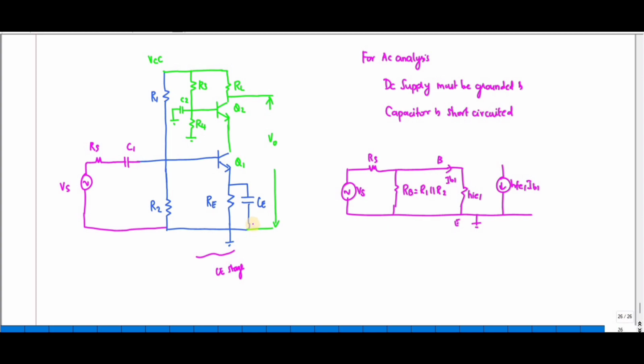Since the capacitor is short circuited, the emitter resistance is avoided. Next, this collector is connected to the emitter of the Q2 transistor.